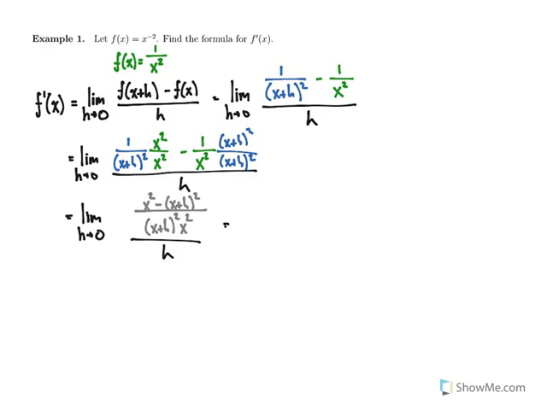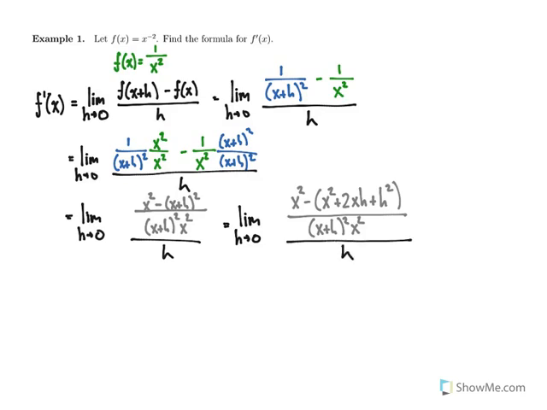So now let's do some of the algebra we've been doing a lot of with these problems. We're going to simplify the top to be x squared minus parentheses x squared plus 2xh plus h squared, all over x plus h squared x squared, all over h.